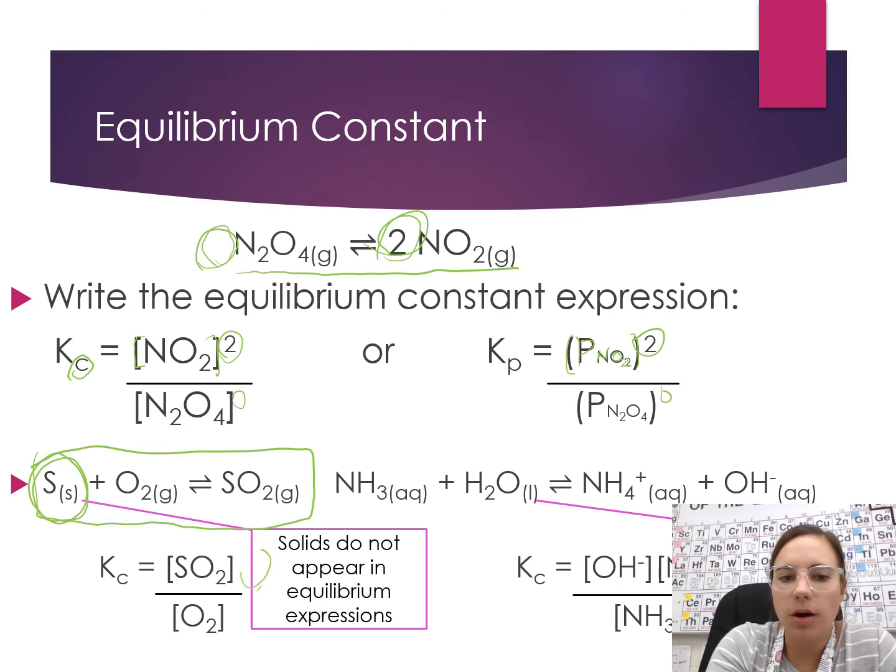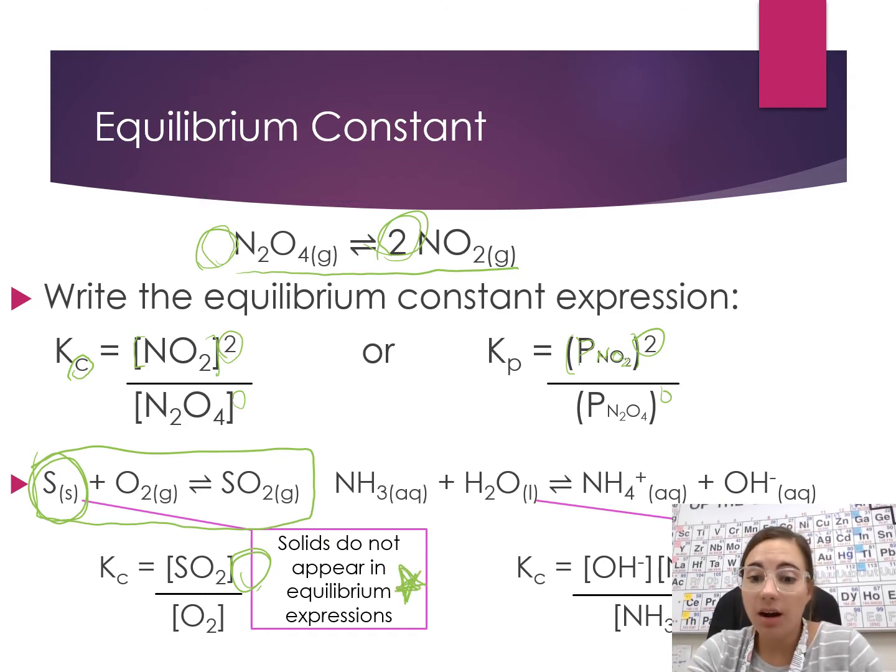It doesn't show up here, because solids do not appear in equilibrium expressions. A solid cannot have a concentration and it cannot have a partial pressure. There's no way to report the concentration or the partial pressure of a solid, and it can't change. You can't change the concentration of a solid. It's a solid, and so they do not appear in equilibrium expressions.